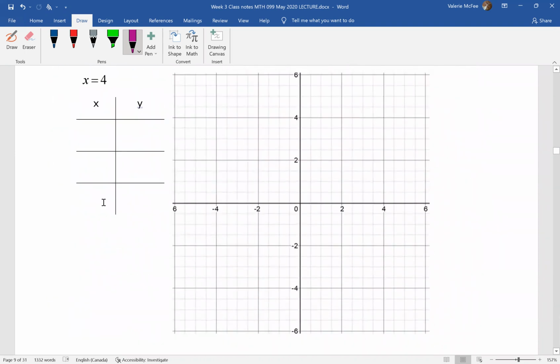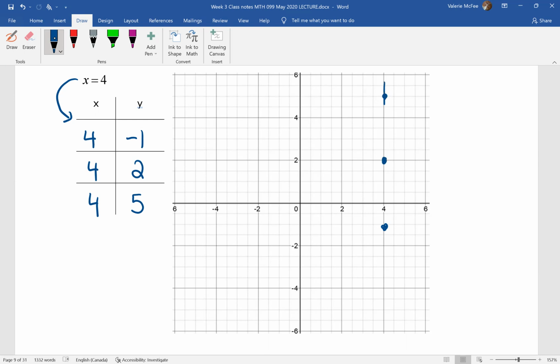All right, pause your video, graph this one. Again, we remember that this tells us that x equals 4, and y could be any number. (4, -1), (4, 2), (4, 5).